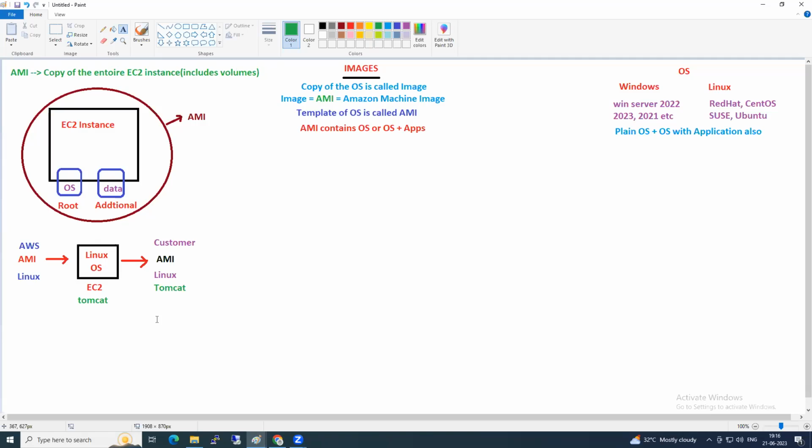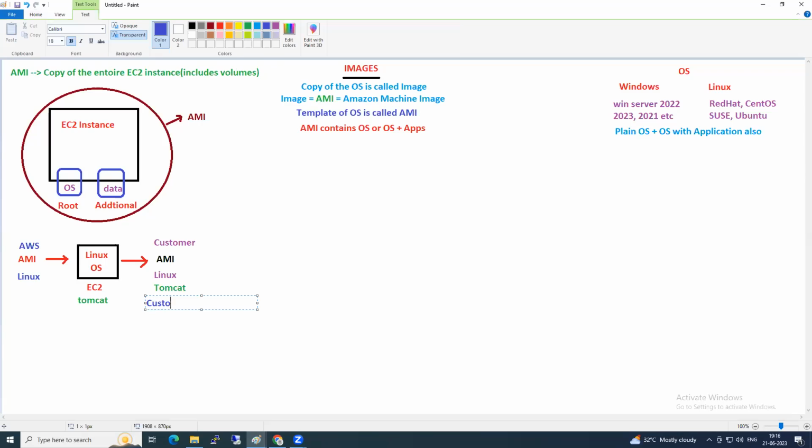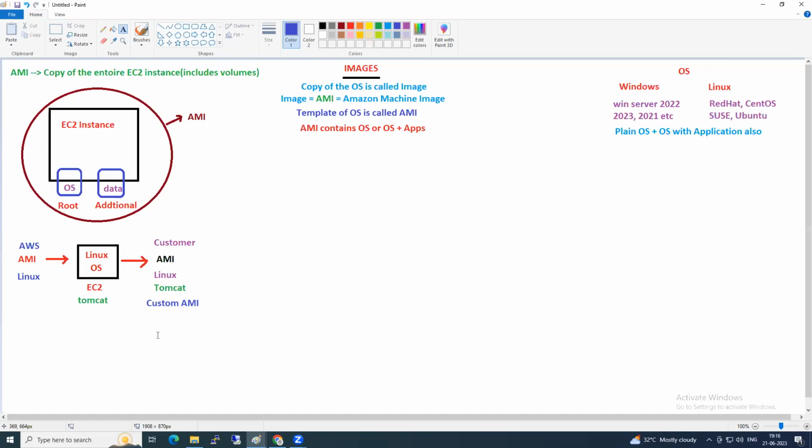This is created by the user. Can I call this a custom AMI? My own AMI. So here I call it a custom AMI. Okay.